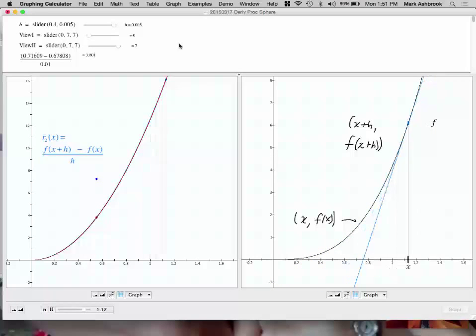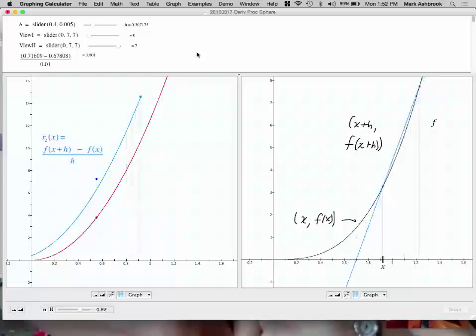Here h is 0.005, and from our view it seems indistinguishable from the true rate of change function. Questions on that? For a large h, the second method is still giving an approximate rate. Anybody have a question?